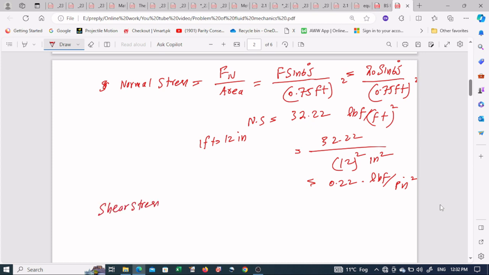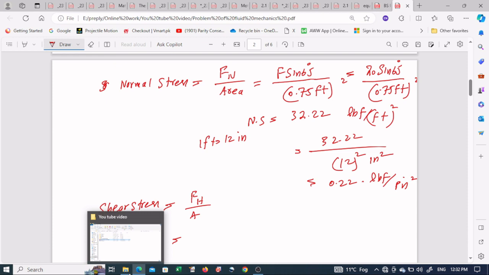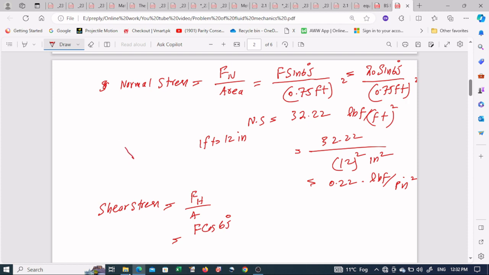Now for the second part, that is the shear stress. For shear stress, we use the horizontal component of force divided by area. The horizontal component is F cosine of 65 degree. We have two components, one is the normal component, that is the perpendicular component, and the other one is the horizontal component, just like this.